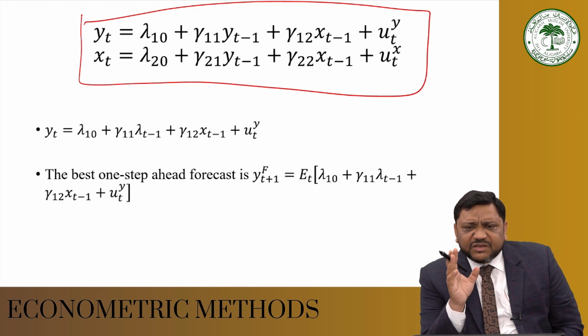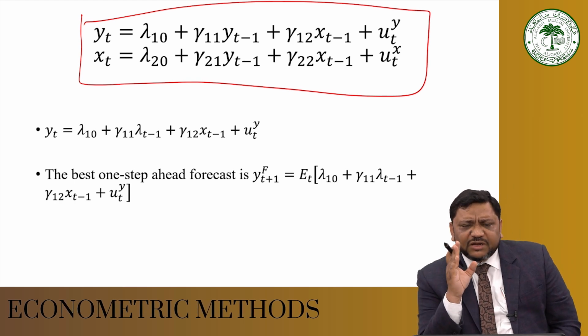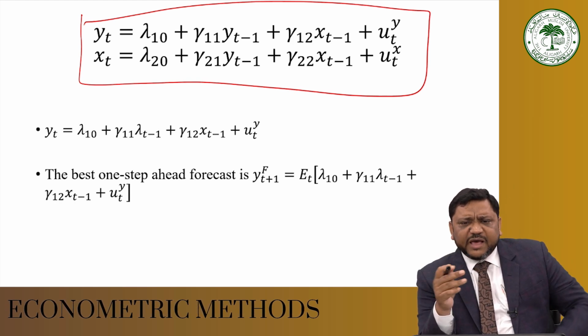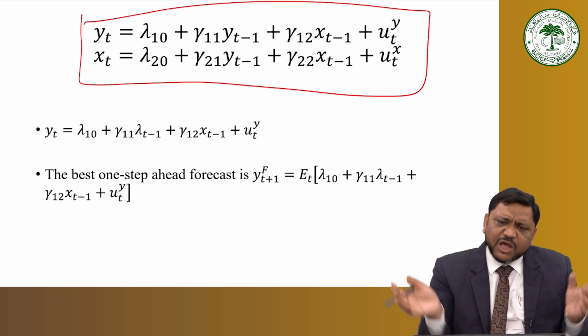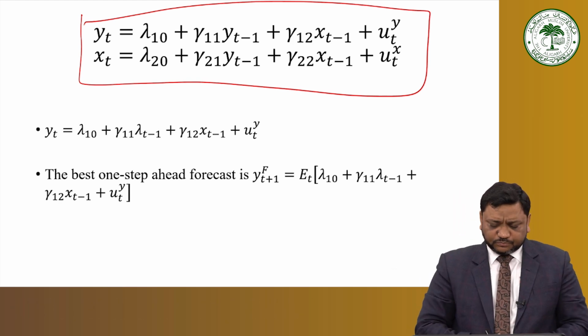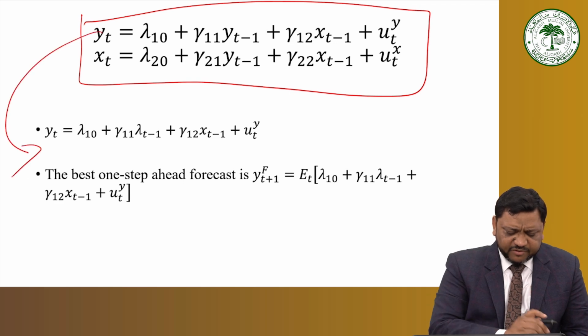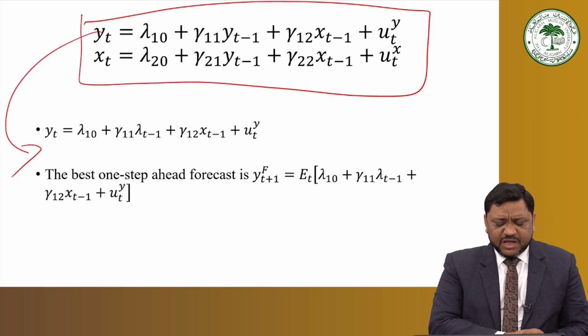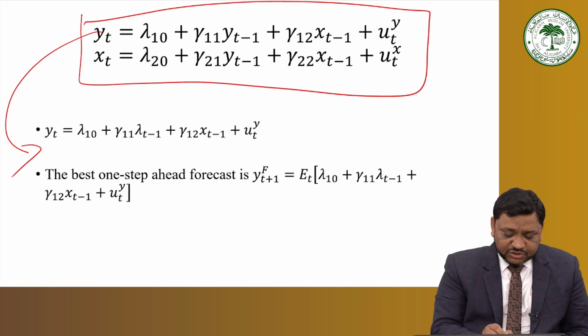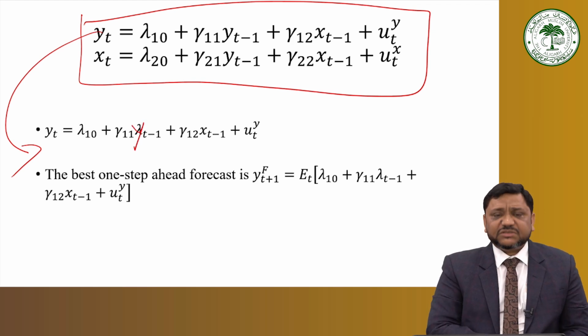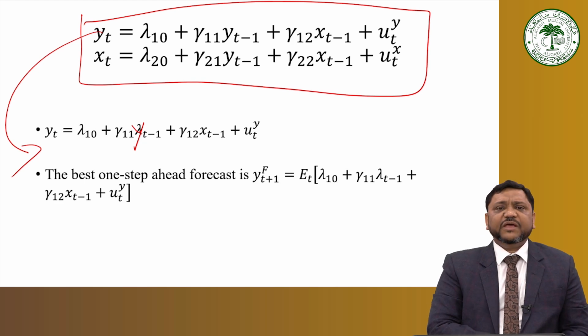Here we assume that there is only one shock that leads to the forecast error. Hence, in the first case, the forecast error variance is 100% due to its own shock. So let us take the first equation: yt is equal to lambda 10 plus gamma 11 yt minus 1 plus gamma 12 xt minus 1 plus the error of y at time t.